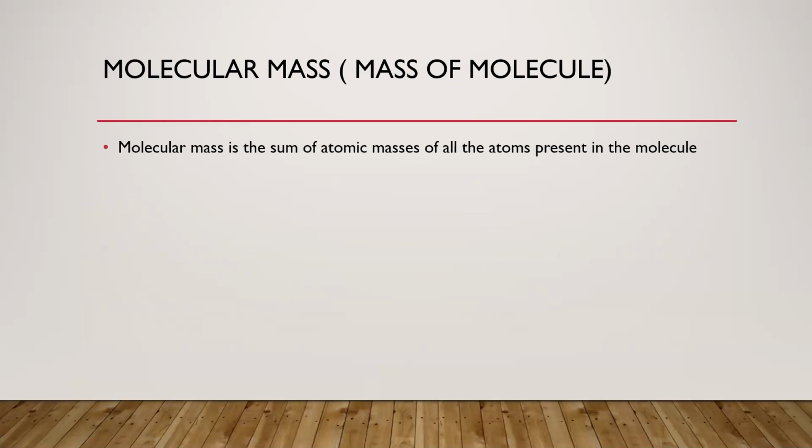What does it mean? When we total all the masses of atoms present in the molecule, the total is known as molecular mass. We have to add all the atomic masses of all the atoms in the molecule.